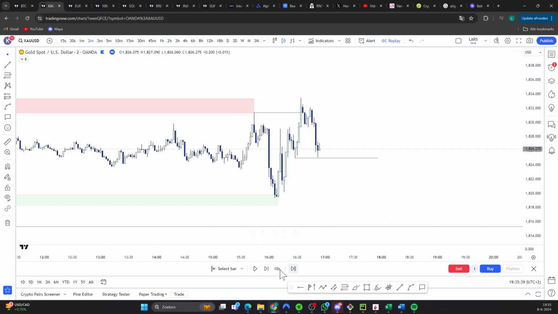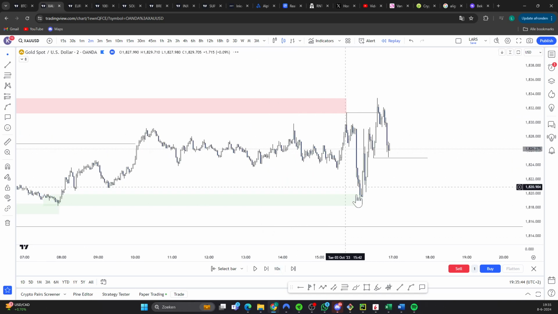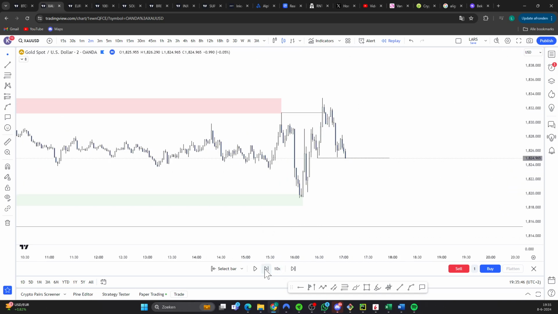Very poor break here. Like, after such a big move, if it was going to be more bullish, you would expect a bigger break.